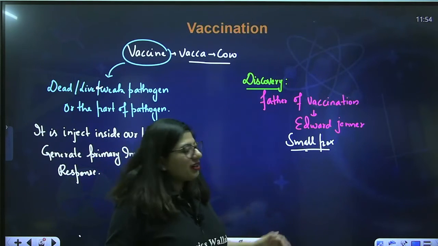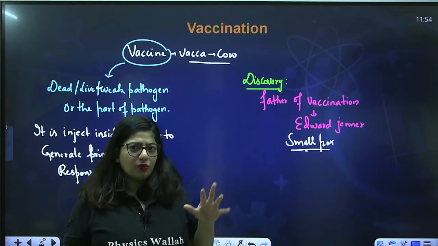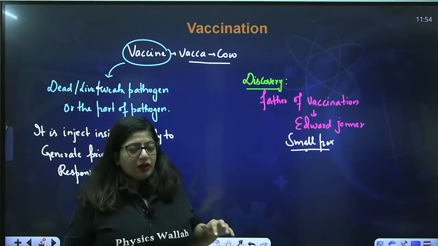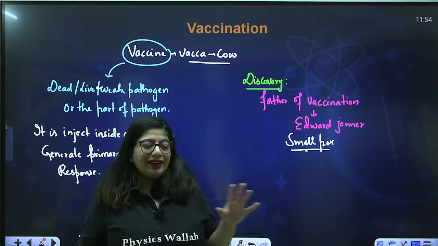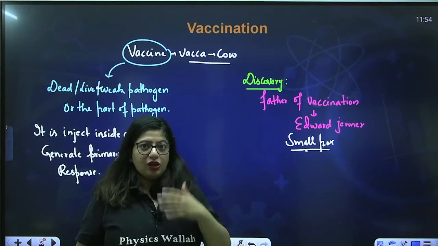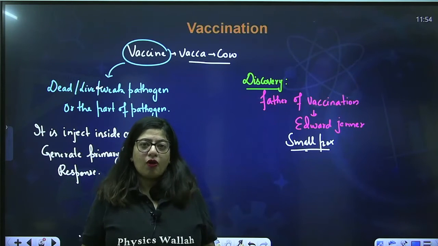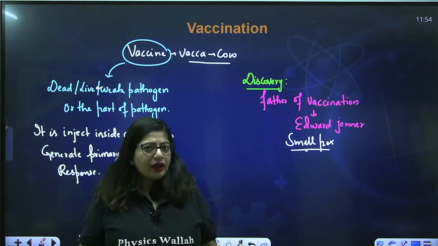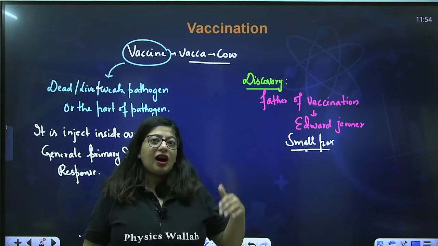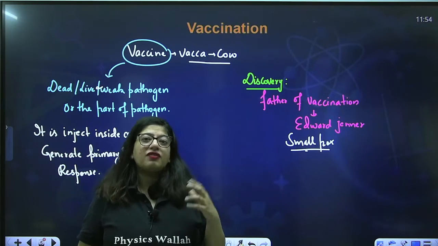So what did Edward Jenner do? Edward Jenner came up with the idea. Edward Jenner was a keen observer. He saw that whosoever people are living near cows, those who are cowboys and cowgirls, they never get smallpox. Why? Because cow gets cowpox, and cowpox virus is a weak virus.